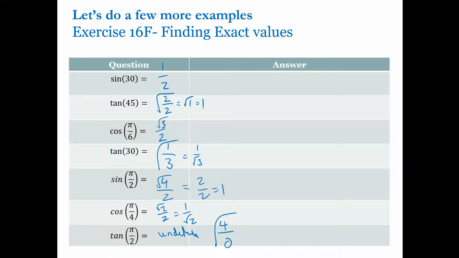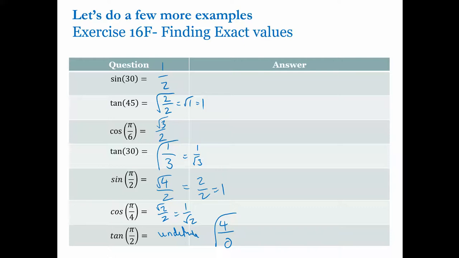Athena. What is sine of 60 degrees? Root 3 on 2 is correct. Alessia, what is tan of 60 degrees? Root 3 is correct. Aaron, what is cos of pi on 6? Root 3 on 2.